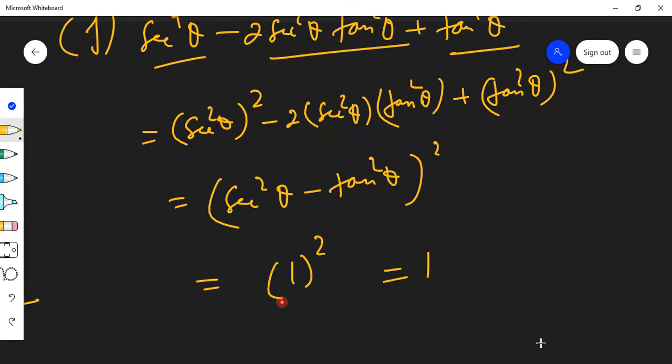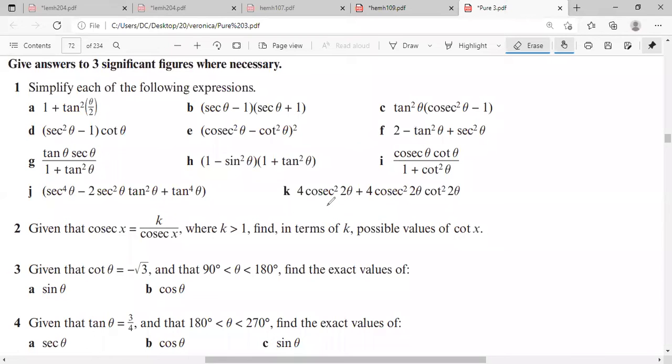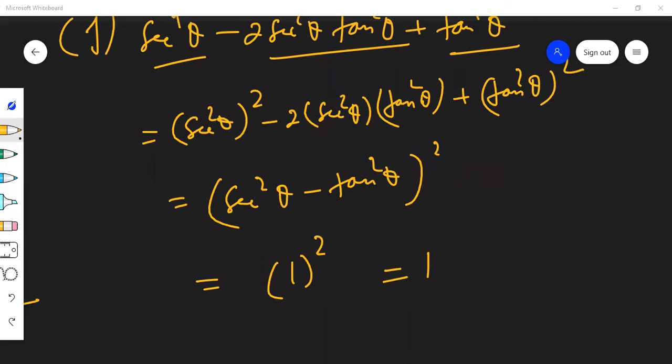The next one is similar, but slightly different. It says 4 cosec square 2 theta plus 4 cosec square 2 theta cot square 2 theta. We need to simplify it.